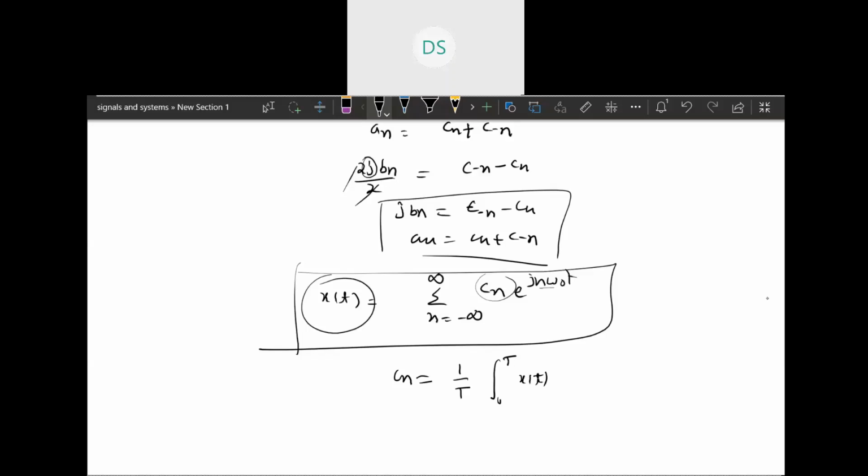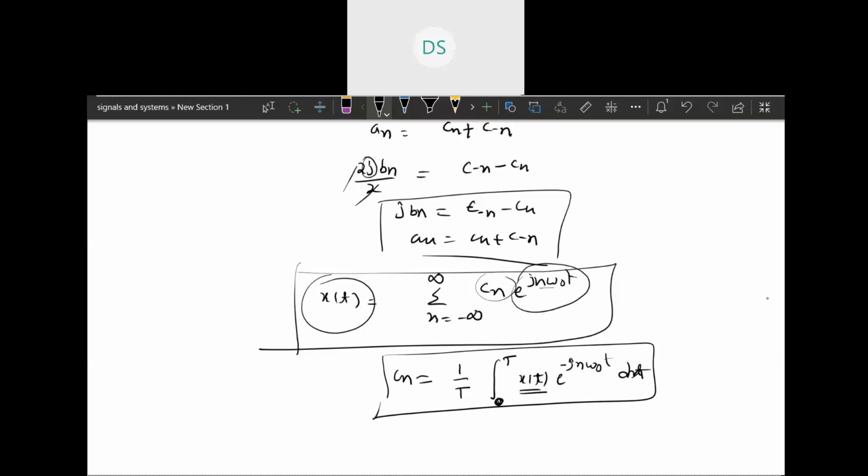x of t into, okay, you have to remember one thing here. This is called the conjugate of this one, x of t e power minus jn omega naught t dt. So this is your Cn.